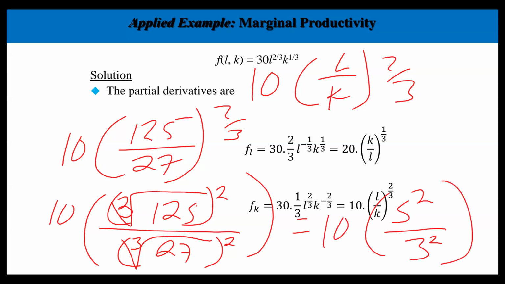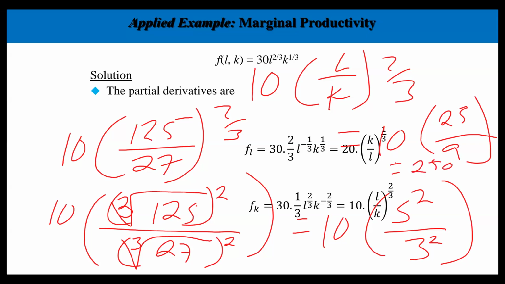And we can go further and simplify. So when you simplify further, you shall have 10 times, 5 squared is 25, and 3 squared is 9. So you have 10 times 25 over 9, which shall be 250 over 9. This is as good as 250 over 9 units. That is the marginal product of capital.